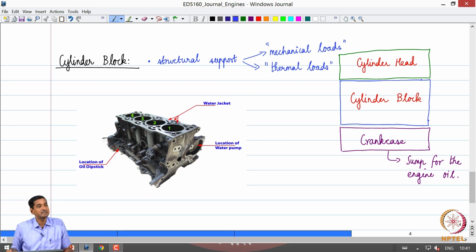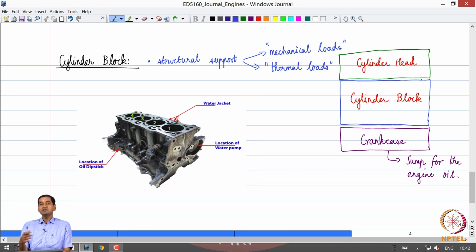I am sure you would have realized this in practice also. When you drive your car and park it, and you go near the hood of your car, you will see the heat radiating out of the engine. So it is going to get very hot. So it has to provide structural support to all the components and overcome these loads, essentially take up these loads.